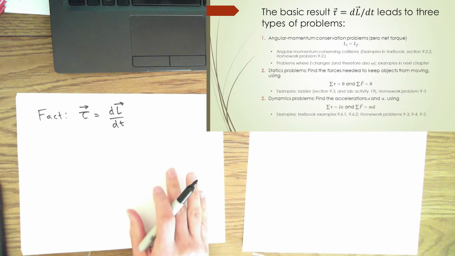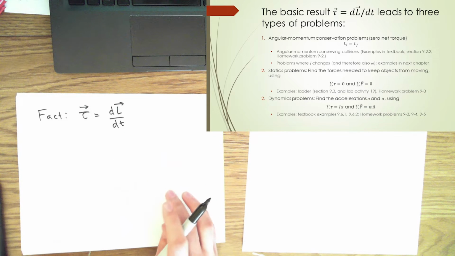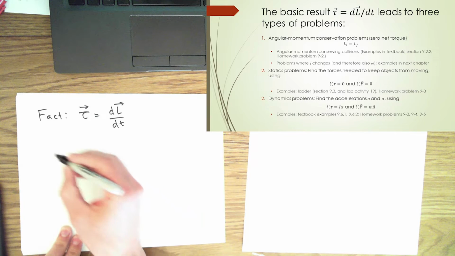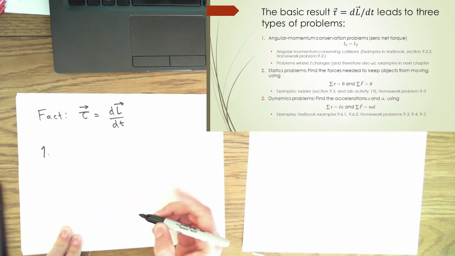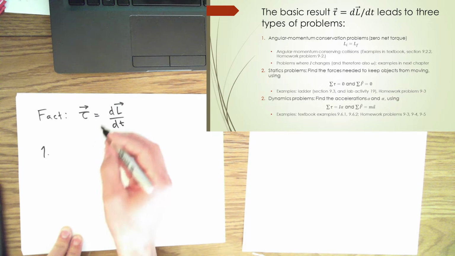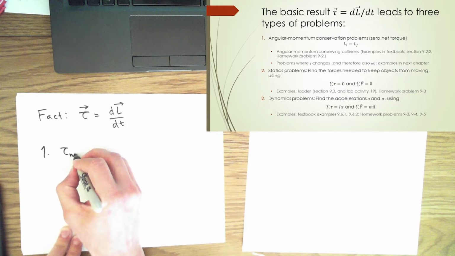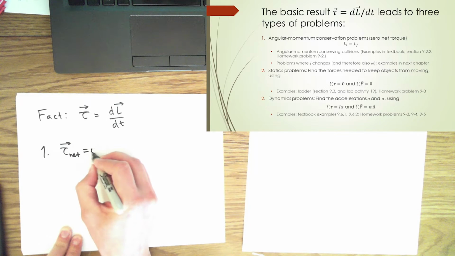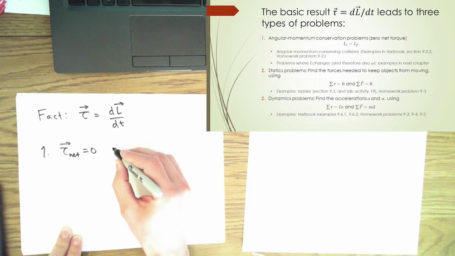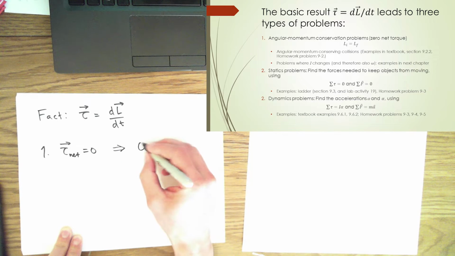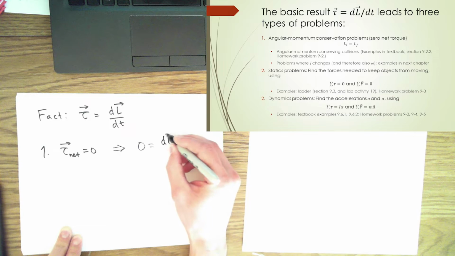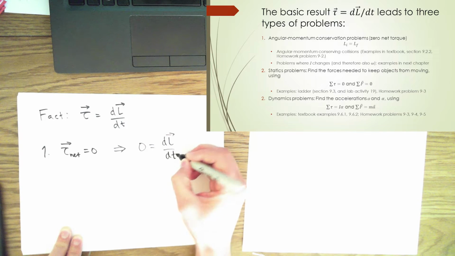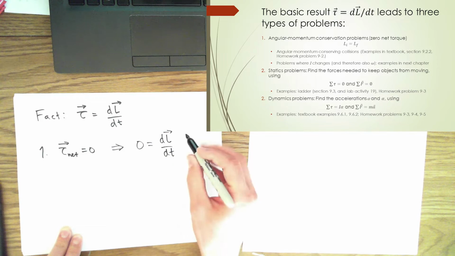Even if you're not super comfortable with time derivatives and calculus, the first type of problem we're going to be dealing with on the slide is the kind where the net tau is 0. In that case, there is no change in L with respect to time. That is, L is constant.